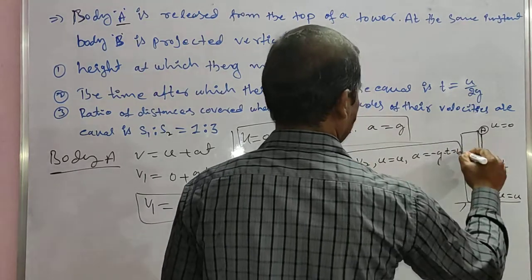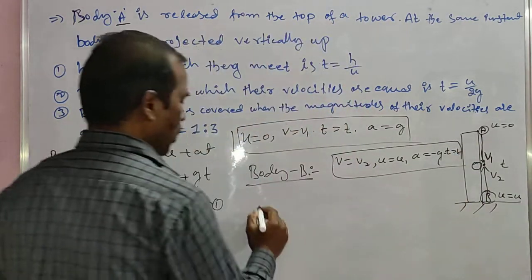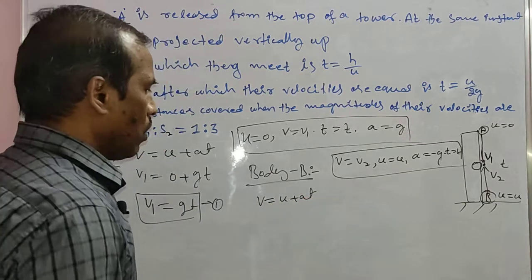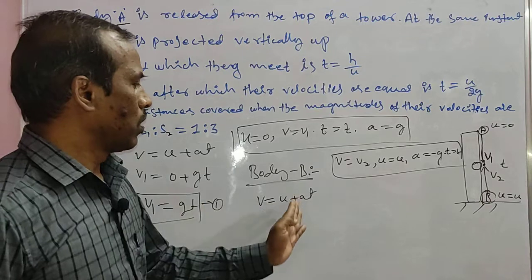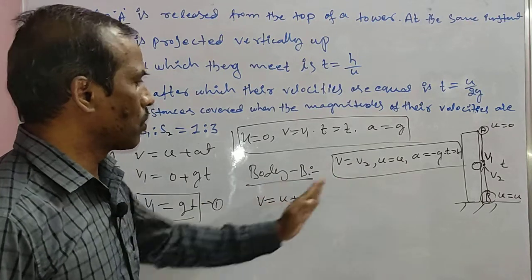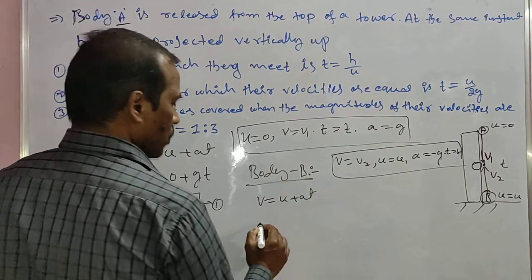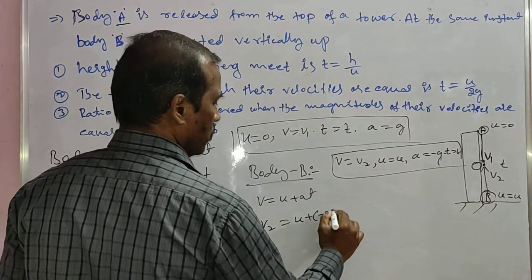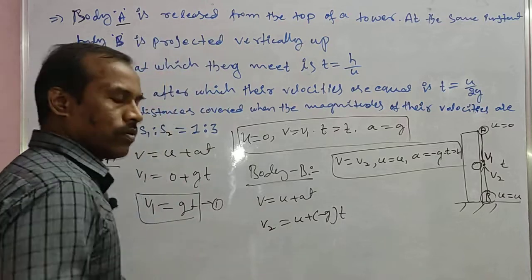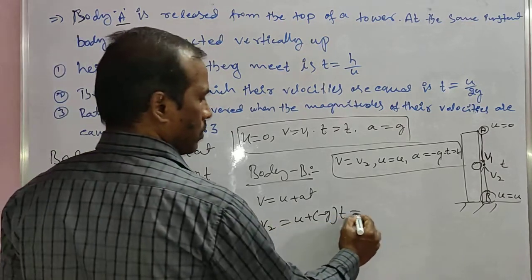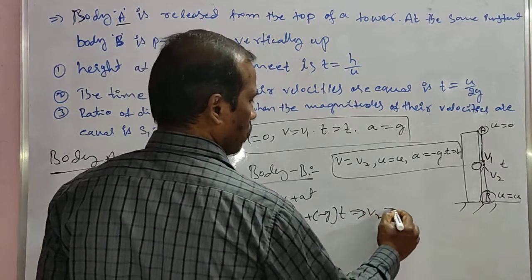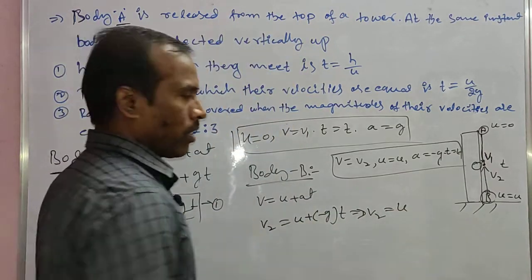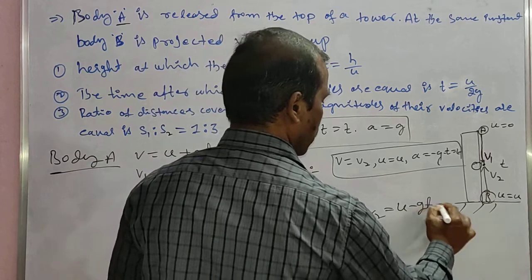This is case 2. Now the formula v is equal to u plus at. Here u is equal to u, a is equal to minus g, t is equal to t, and v is equal to v2. So v2 is equal to u plus minus g into t, which simplifies to v2 is equal to u minus gt.